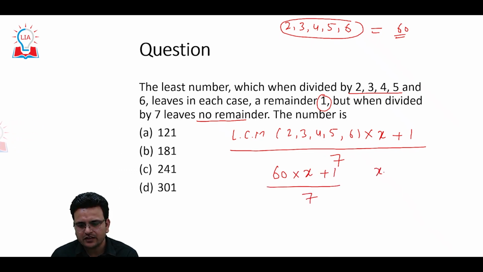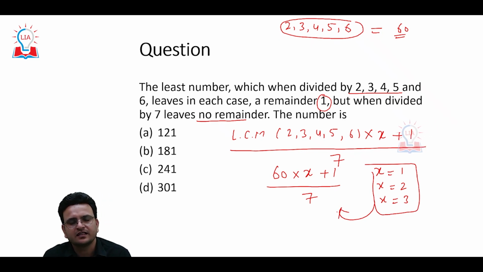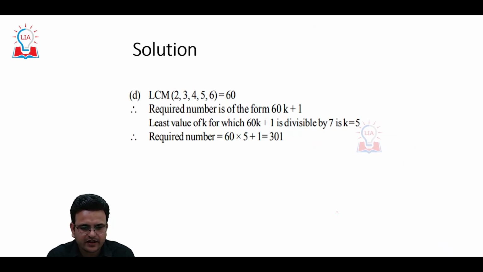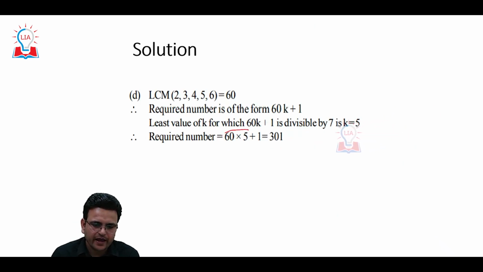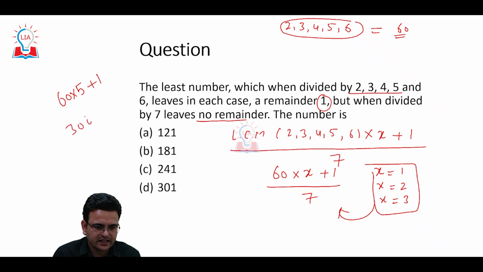Here you have to put the value of x as 1, 2, 3, which satisfies this given condition. Got it? Here you can see what value will satisfy. Value of x will be 5. If you put the value of x as 5, so 60 into 5 plus 1 means it will be 300 plus 1. 301 is exactly divisible by 7.